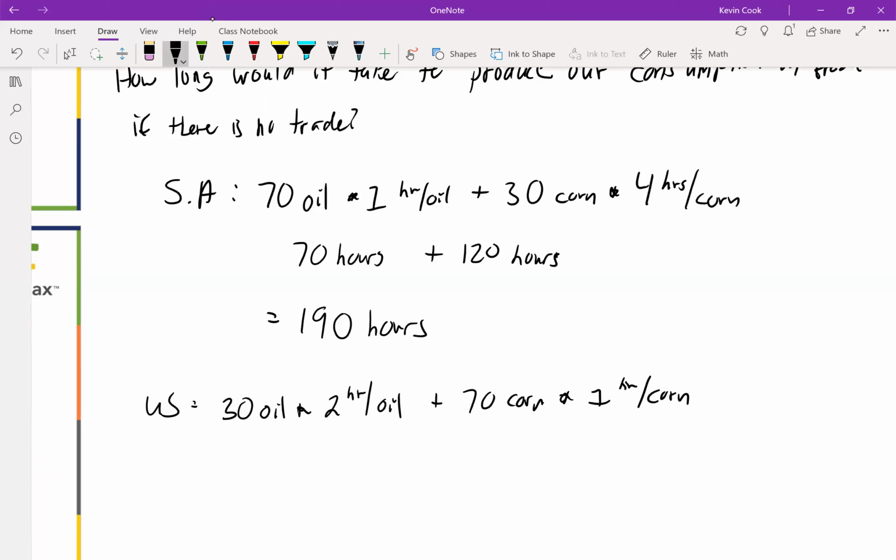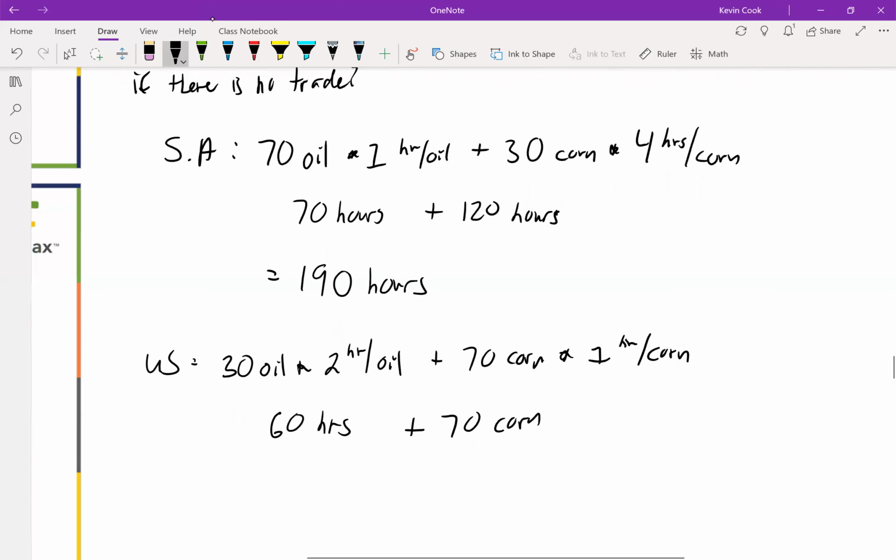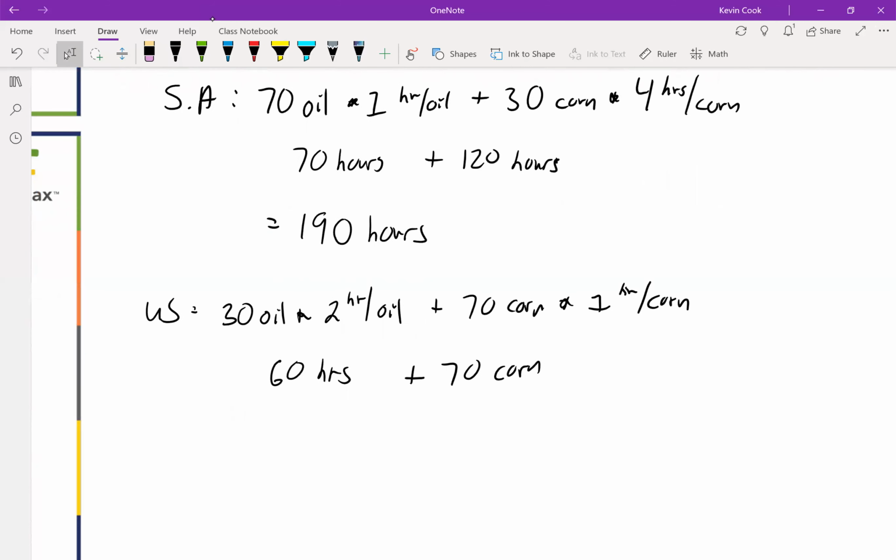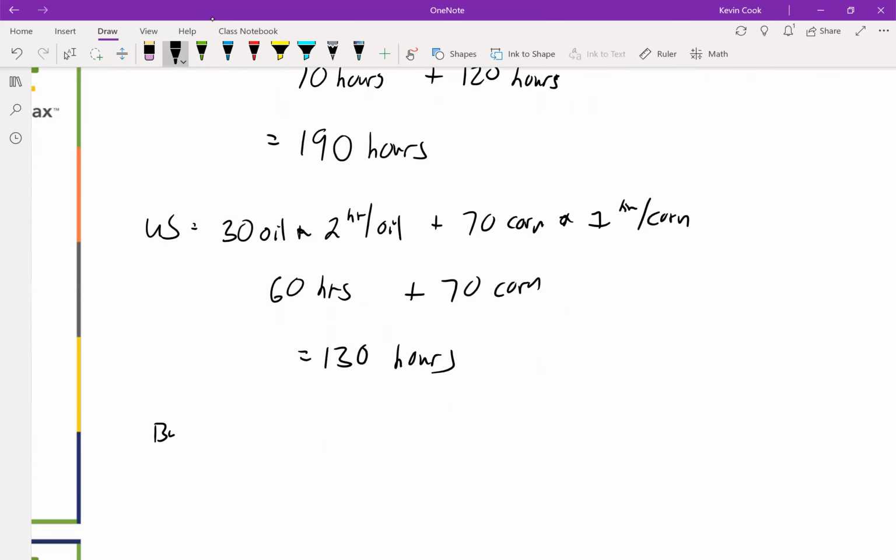The US is going to spend 60 hours producing oil and 70 hours producing corn. 70 and 60 gives us 130 hours. So the US would have to spend 130 hours, and Saudi Arabia would have to spend 190 hours to produce these outcomes. Keep in mind that both countries only have 100 hours to work with.